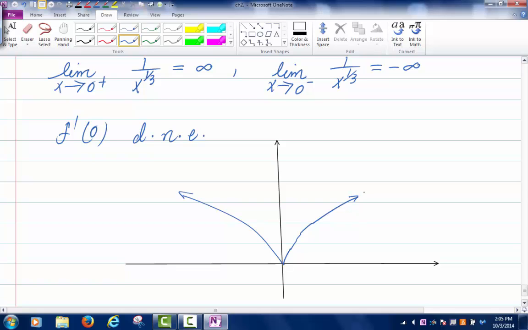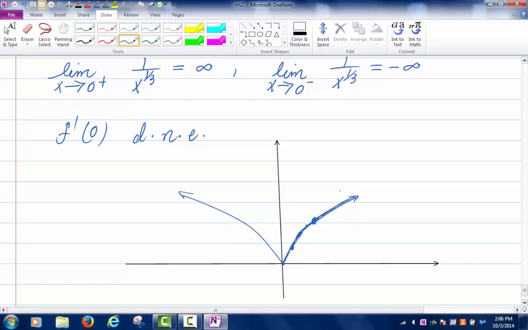It's symmetric about the y-axis. The point is, let's take a point on the right here. If you look at the slopes at the points on the right side of the y-axis, the slopes are getting bigger and bigger.